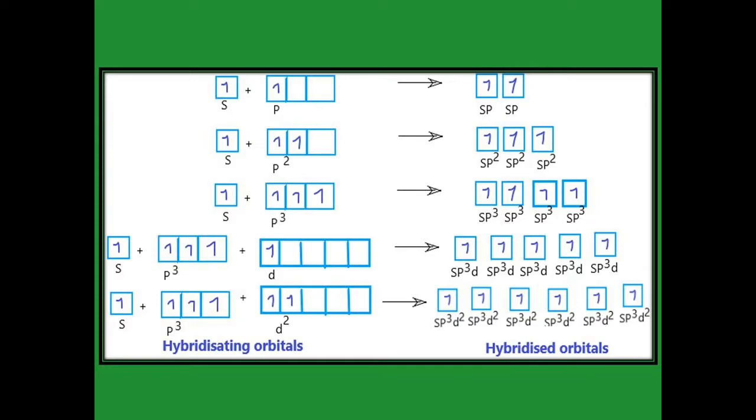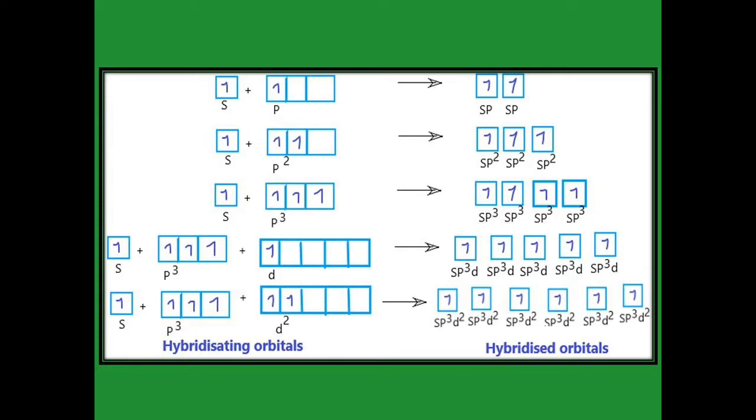The third one, the s orbital and three p orbitals are going to mix, that is four orbitals, so we get four sp3 hybridized orbitals. The next one, one s orbital, three p orbitals and one d orbital. Totally we have five orbitals, so we get five hybridized orbitals, sp3d.